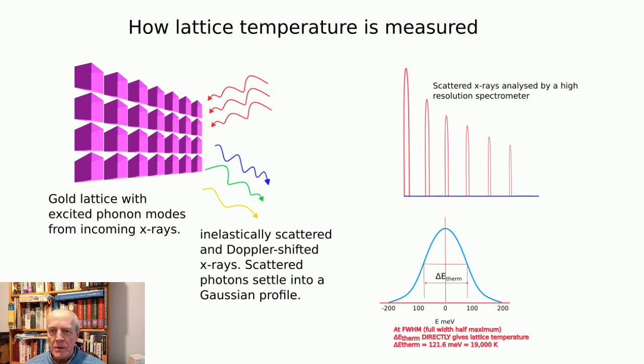Now, this profile is of central importance to the work covered in this video, because at the full width half maximum point, the energy across that particular point correlates exactly with the temperature of the gold.